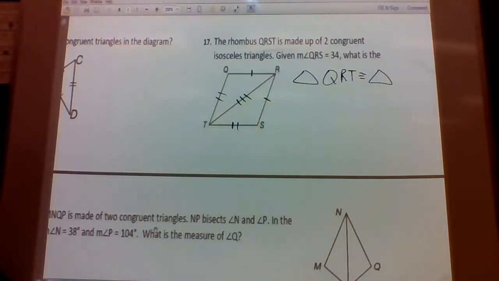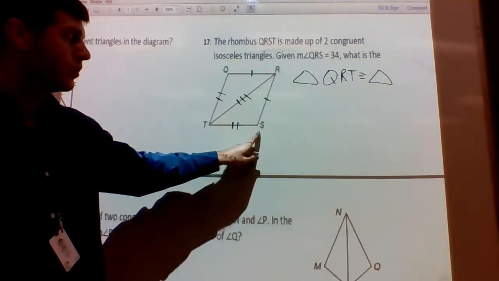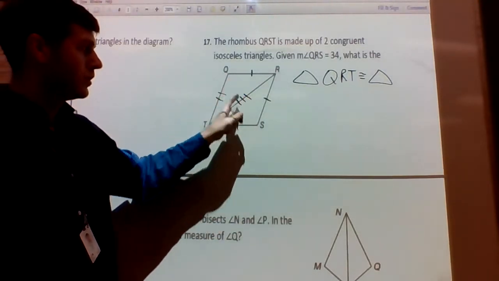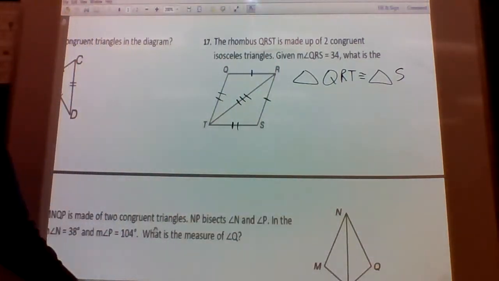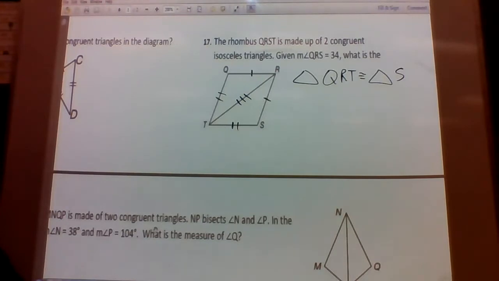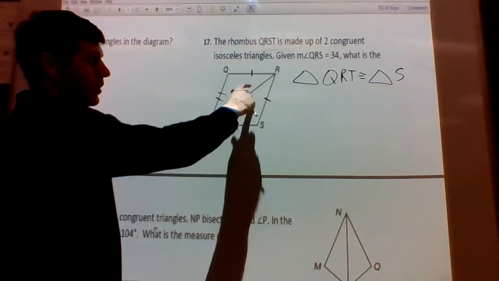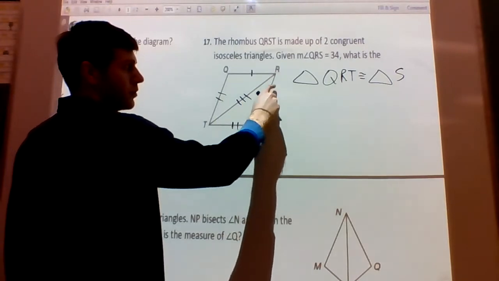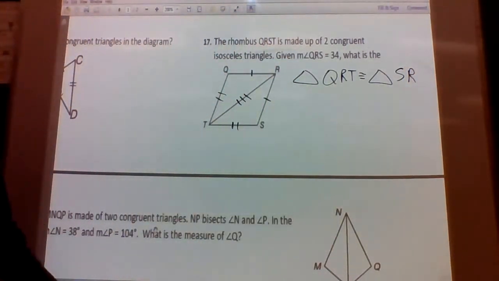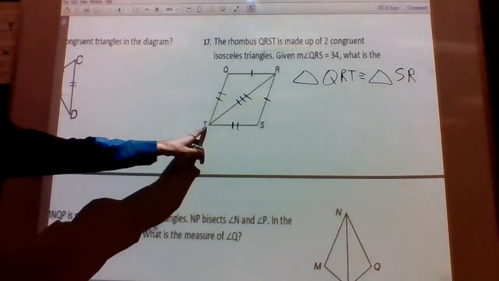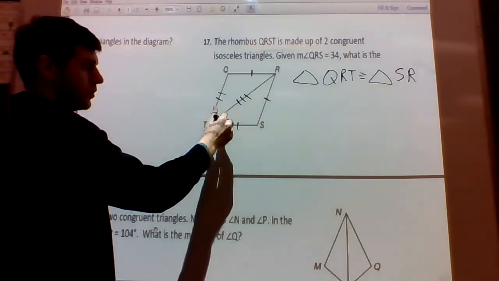So we have QRT. The corresponding piece to Q is going to be S, between the 1 and the 2. The corresponding piece for R is going to be R, between the 1 and the 3. And then corresponding to T is going to be T, between the 2 and the 3.